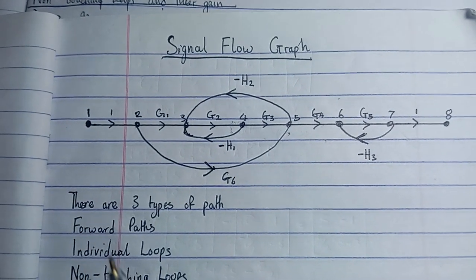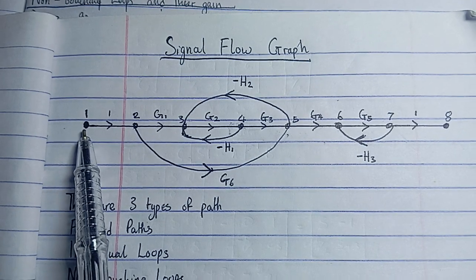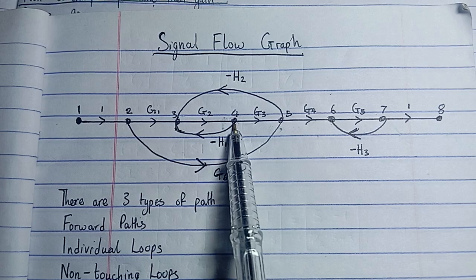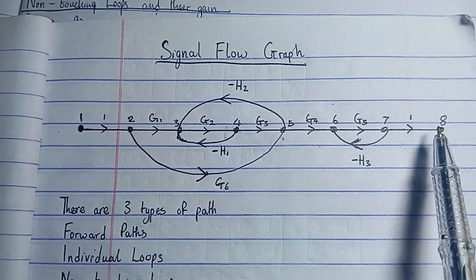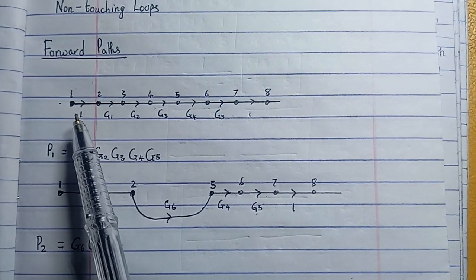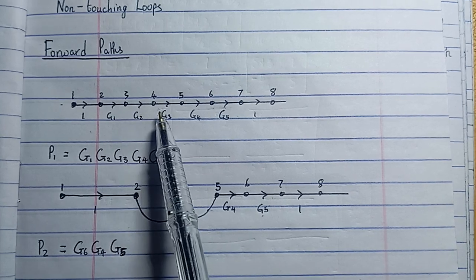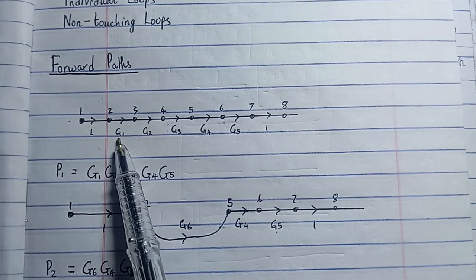Okay, so one of our forward paths, let's say this is our path 1, is 1 to 2 to 3 to 4 to 5 to 6 to 7 to 8. This is a better representation of that. The gain of each branch is represented by this.